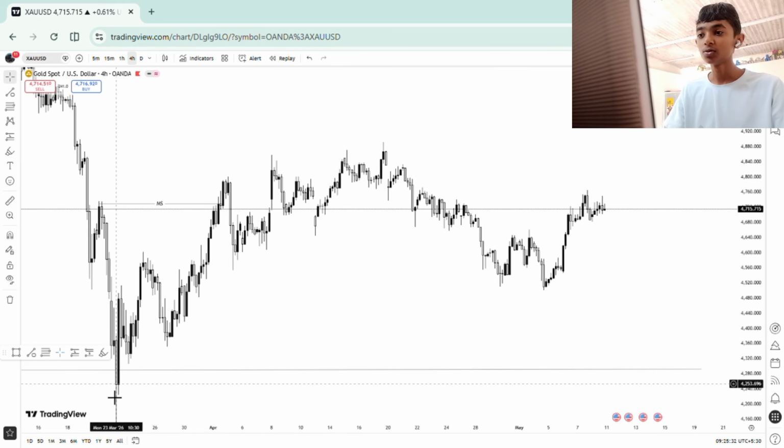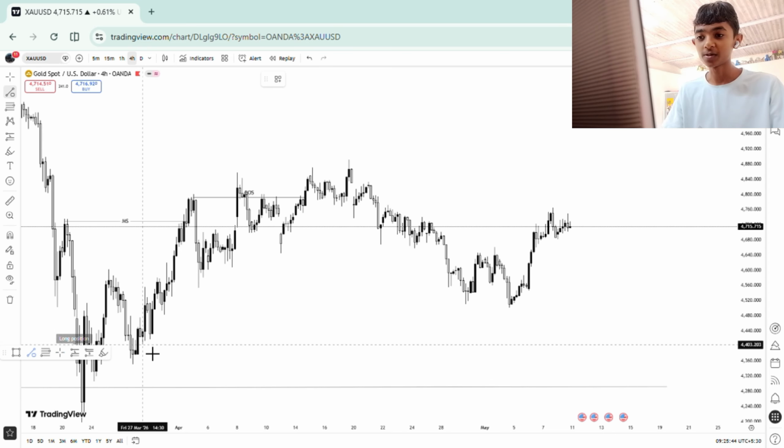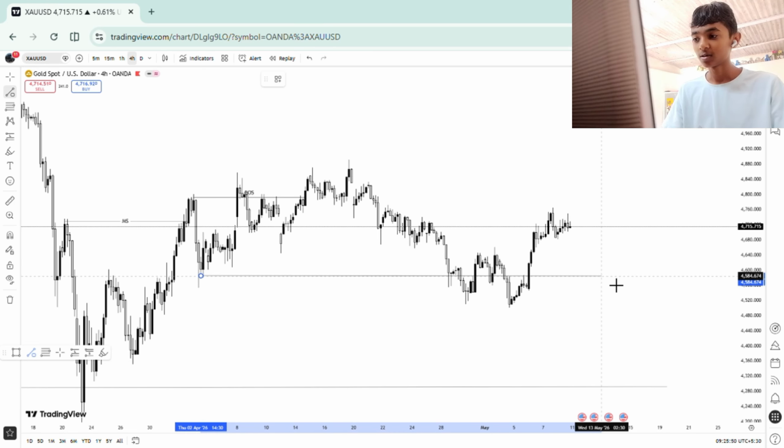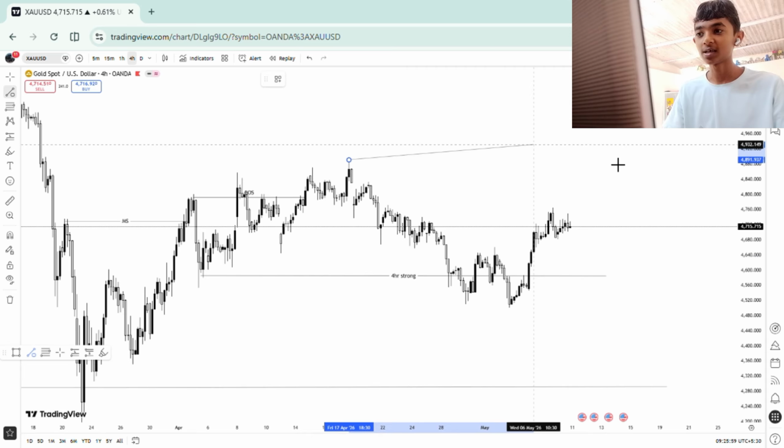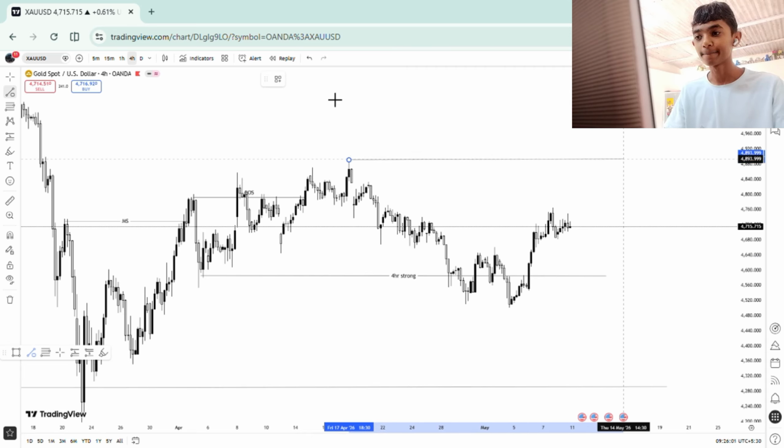So we mark this as a 4-hour internal range. Now this is the last break of structure to the upside, this is the low which made this break of structure. This is our 4-hour internal range and this is our 4-hour internal high, meaning weak. We mark this as our 4-hour weak high.